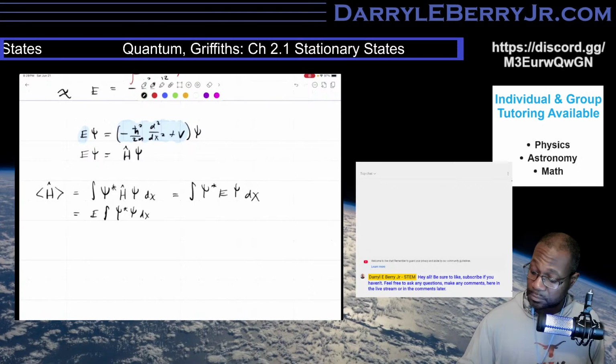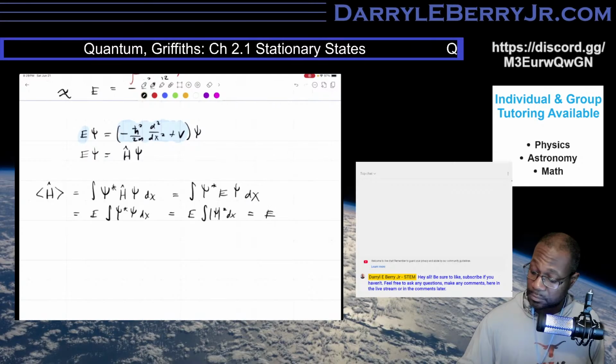And we know that we're going to normalize this to equal 1. So that equals E. So the expectation value of the Hamiltonian is the total energy.